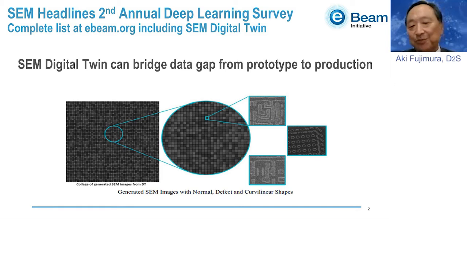So a much better alternative, just like the auto industry does, is to use digital twins. As we see SEM being a popular topic for deep learning, I think we should, as an industry, be paying more attention to digital twins for SEM so that we can do these deep learning projects better.